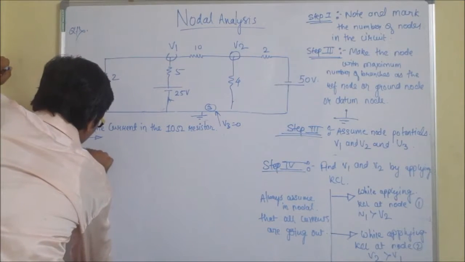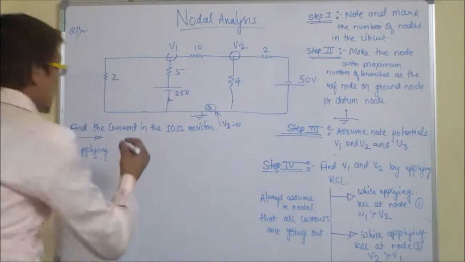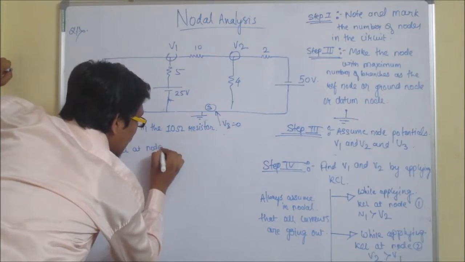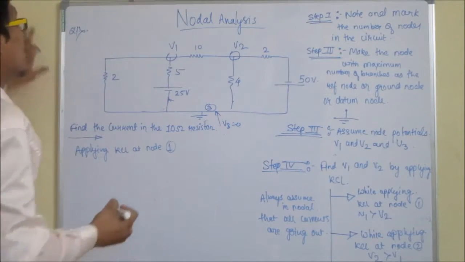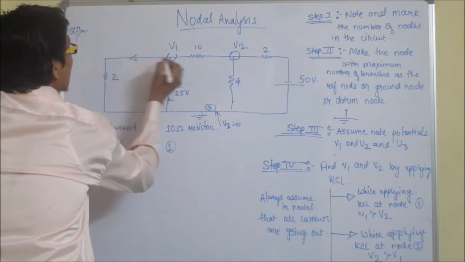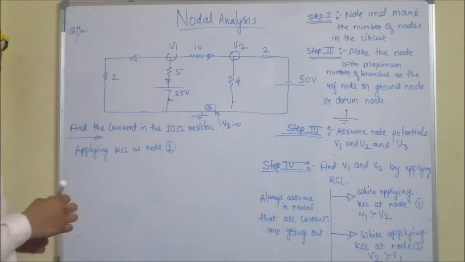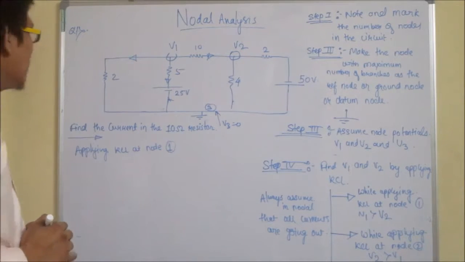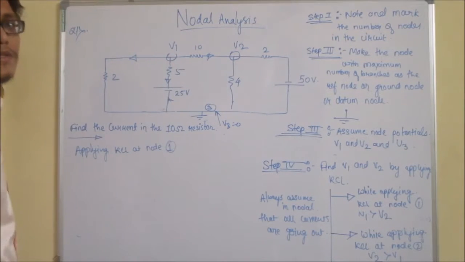applying KCL at node 1. I am assuming that all the currents are coming outward from node V1. Now, can I write this current plus this current plus this current equal to 0? Yes.